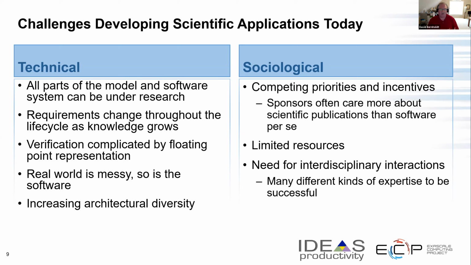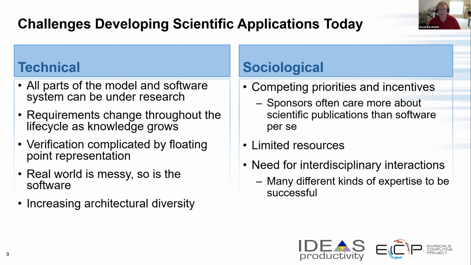In addition to that, we have this increasing hardware diversity that we're facing these days. And then there's also the sociological component to it. So we all have competing priorities and incentives, and admittedly, sponsors often care more about the scientific publications than the software or the software quality, even though that's really fundamental underlying the publications that are produced.